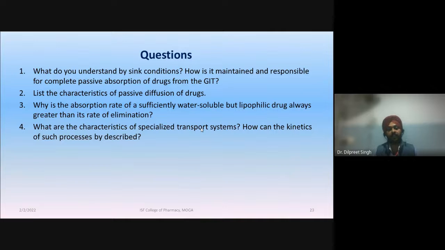The characteristics of a specialized transport system: it should not be energy dependent. If it is energy dependent, then there is saturation of the system, and absorption greatly declines at some time. When it is an energy independent system, there is no saturation and absorption is adequately maintained. And when the peak plasma concentration occurs, the rate of decline starts.